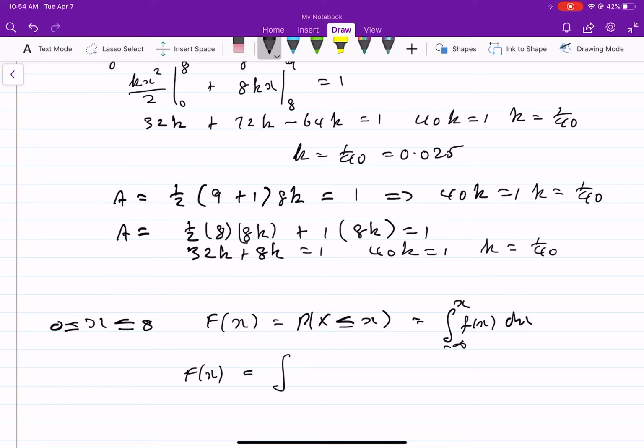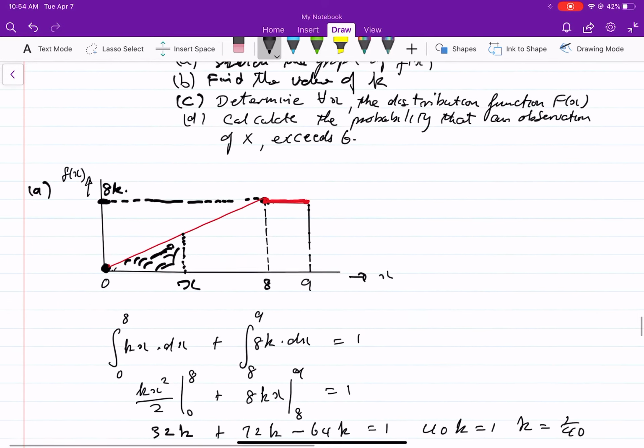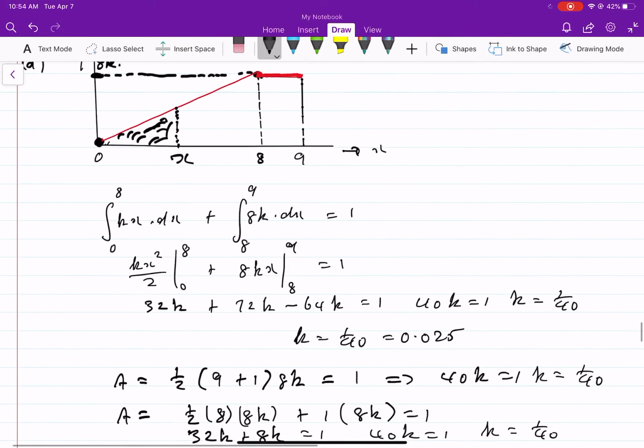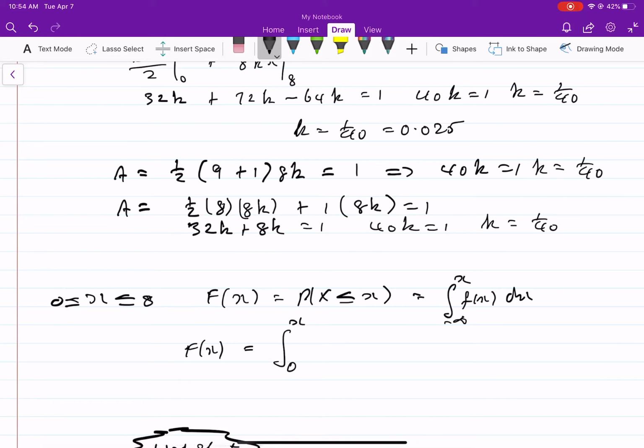Negative infinity simply means what is the starting value for your range of values of x. And clearly the starting value there is 0. So from 0 to x, some generic x, x doesn't have a value at this point. x is just the variable x. So between the starting value and x of f of x, and what's the f of x function between 0 and 8? It's kx. So it's equal to kx dx.